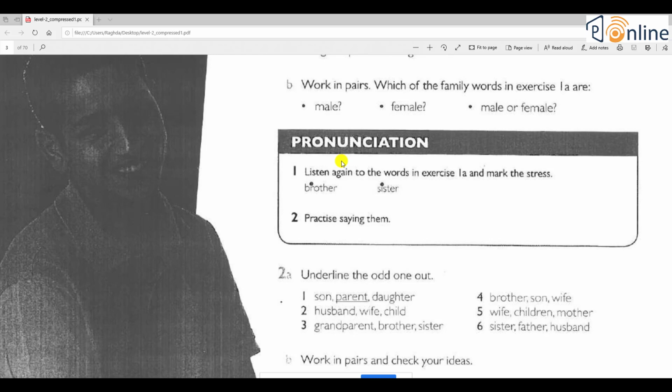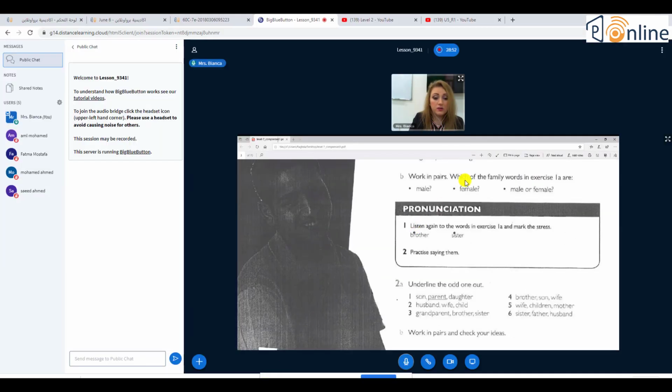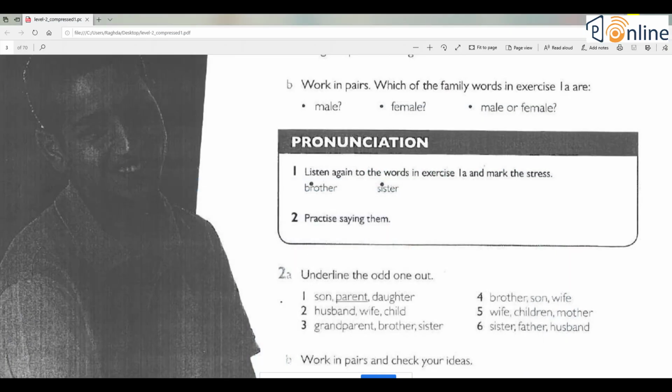So my advice is that at the end of this session, or even tomorrow before our next lesson, you go back to this recorded session and listen to it one more time, two times, three times, as long as you need, to make sure that your pronunciation is correct.